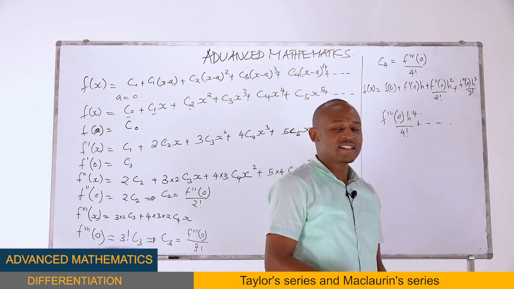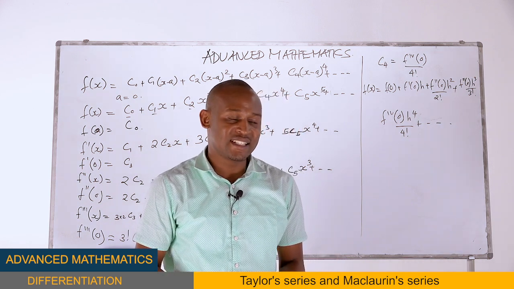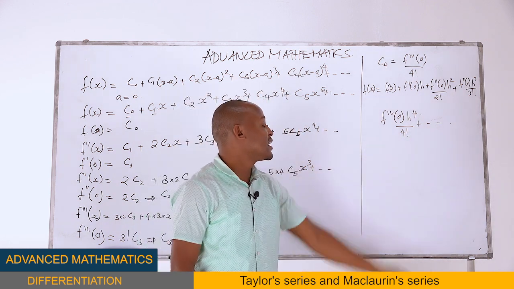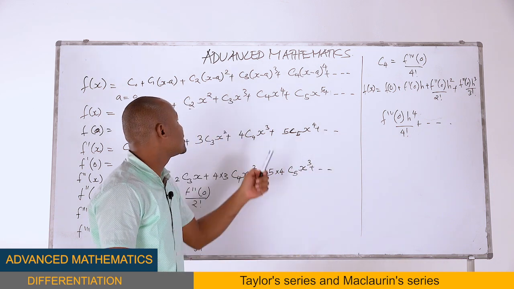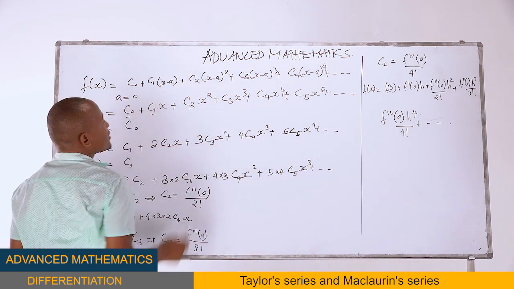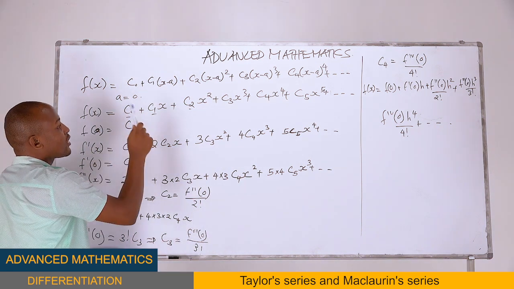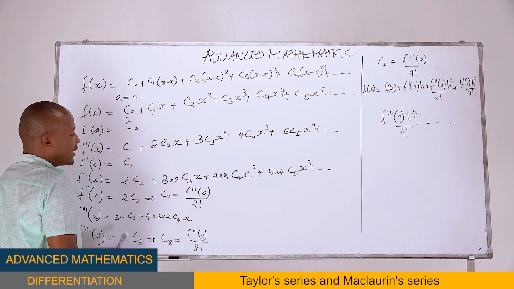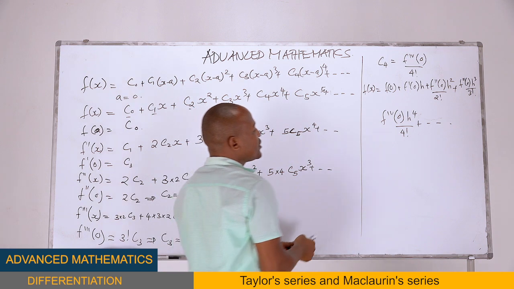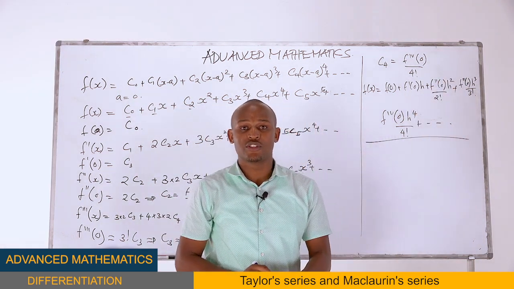So this is the special case of Taylor's series, and it is known as Maclaurin's series, as we first assume a is equal to 0, and after that evaluate the value of the constants when x is equal to 0, and you are left with a series that looks like that.